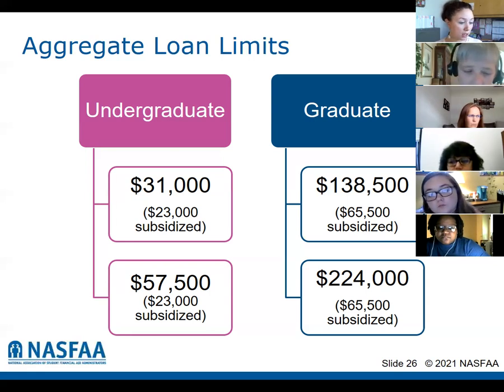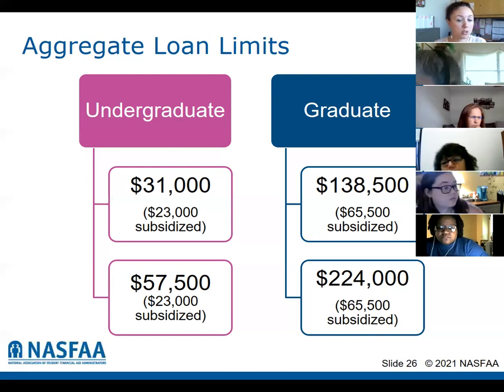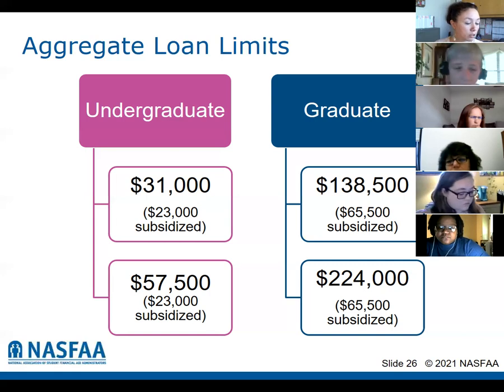That's on our ISAR, the institutional data we get when we get that student's FAFSA record. So you can use that information to make sure that you're not giving them extra loan, or that you're not the one putting them over their aggregate limit.